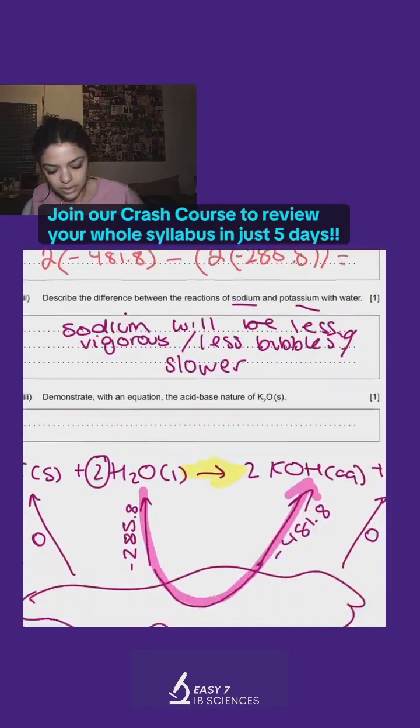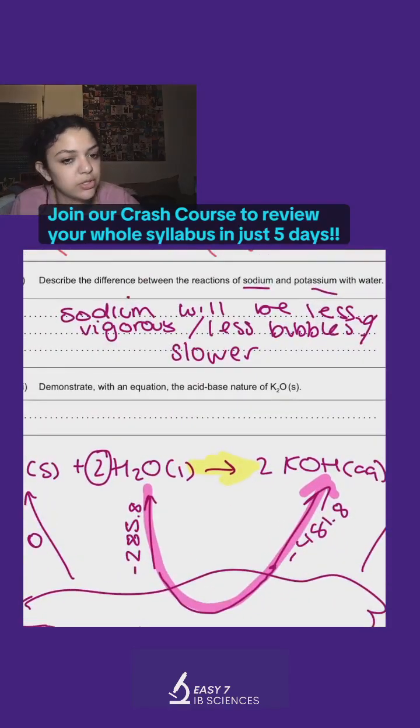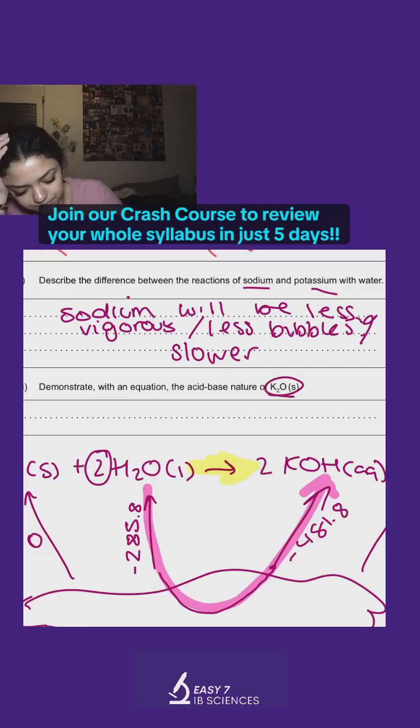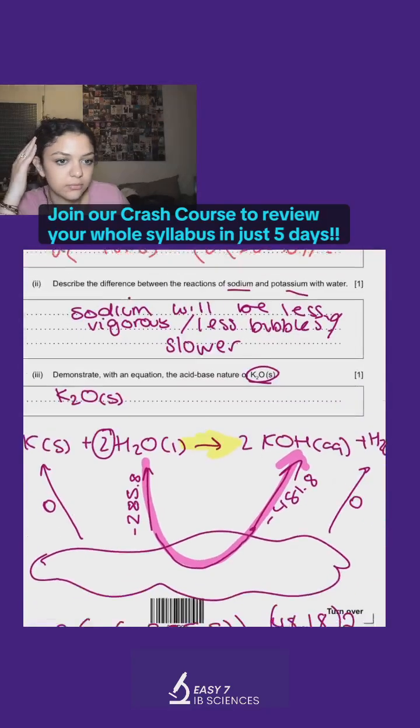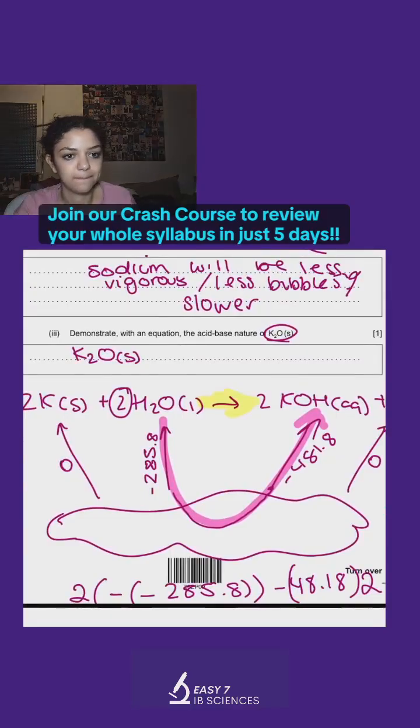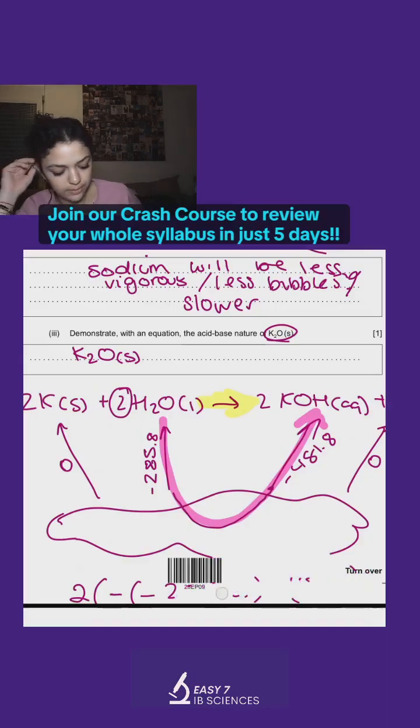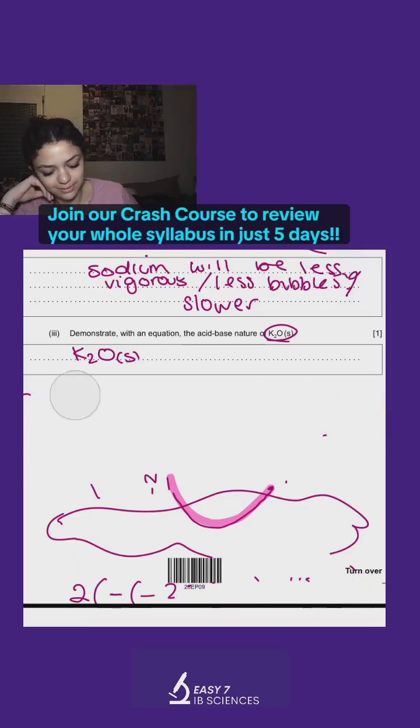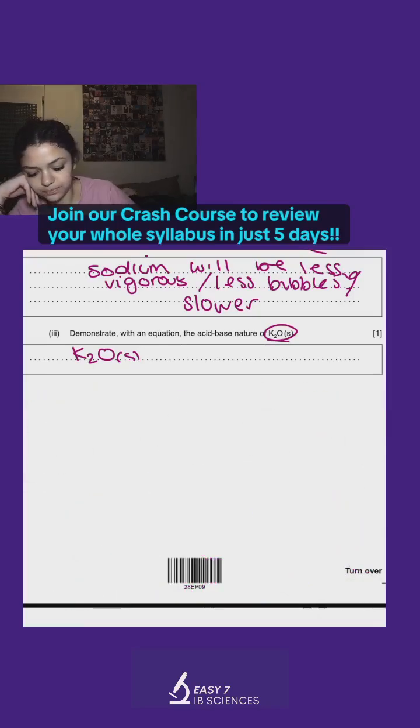Next: demonstrate with an equation the acid-base nature of K2O. Whenever you have a question that says show us the acid-base nature, what do I have to react my salt with? Can anyone tell me? Very good, Kiwi. Water, exactly. So you put it with water, H2O.